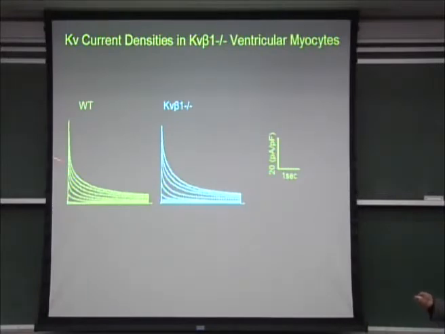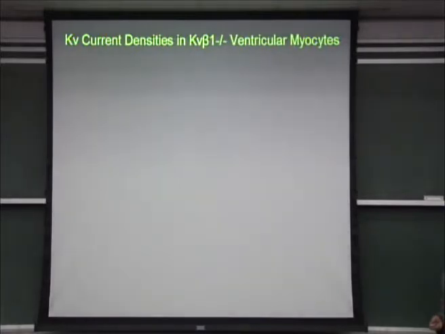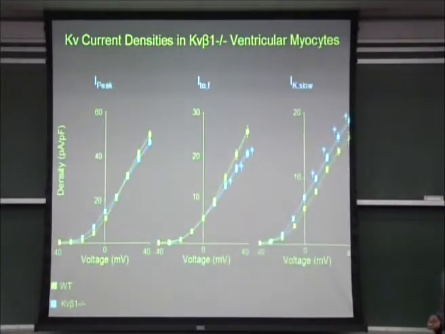I think if you look at these records, you'll see that they look quite similar, but if you look at the details, the current waveforms are slightly different. When we analyze these records, what we find is that, contrary to our predictions, I should point out, there is a selective reduction in the ITO fast current and an augmentation of the delayed rectifier current.